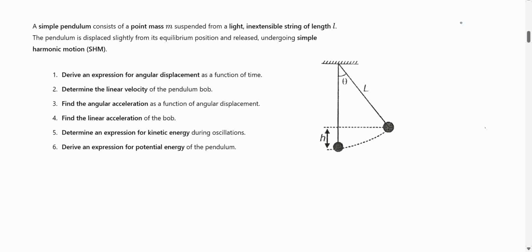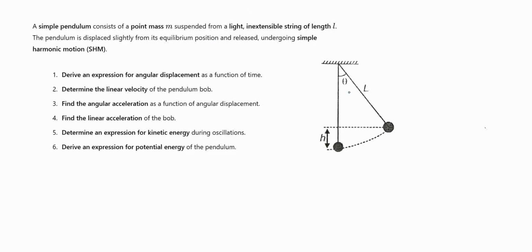Now we have the second question. A simple pendulum consists of a point mass m. It is suspended from a light inextensible string of length L. So the length is fixed when the mass is tied to it, and also it is light, so the string is massless. The pendulum is slightly displaced from its equilibrium position and released.